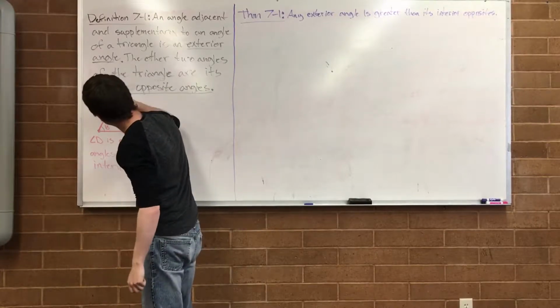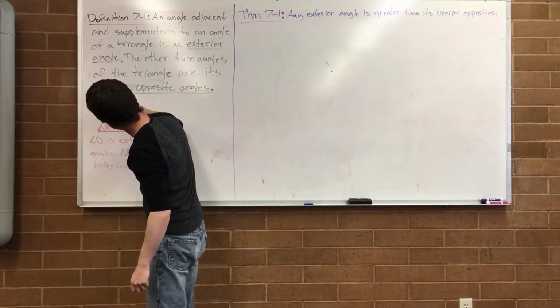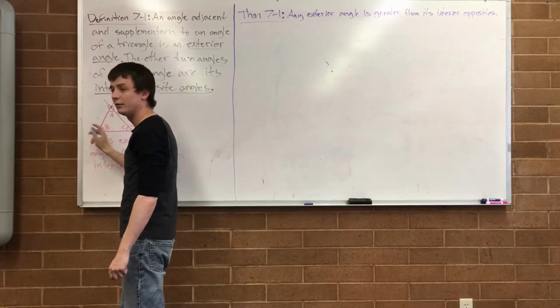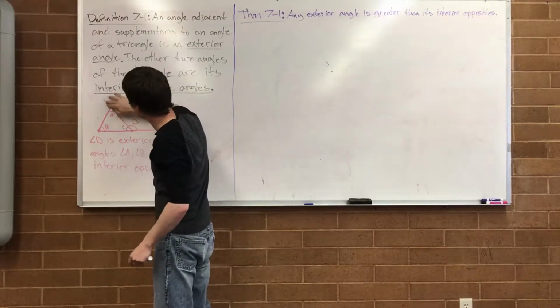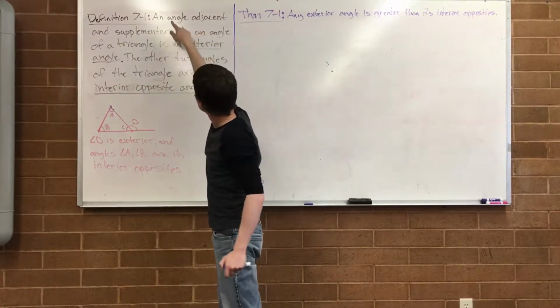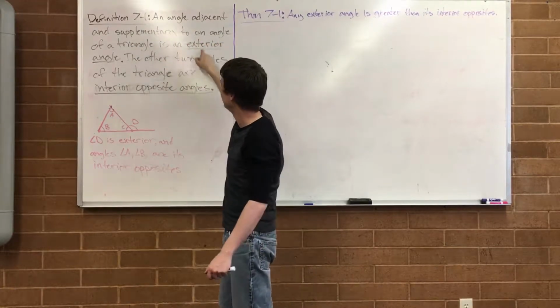Perfect, because we could imagine continuing that line. Here's one exterior angle, here's another. So there's 6 exterior angles, and D is one of them.